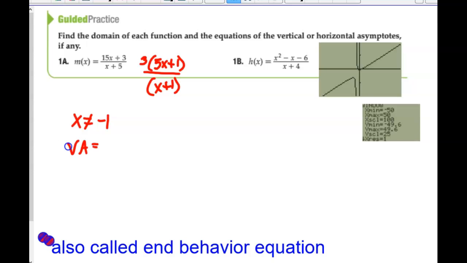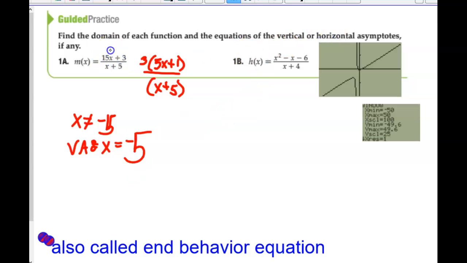The vertical asymptote would be at x equals -1. That's a 5. Yeah. Oh, thank you. Someone fix me. This is a 5. So this is a -5, and this is a -5. Okay.